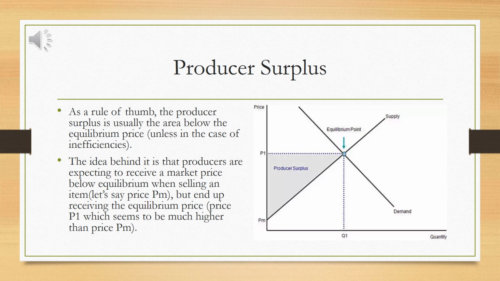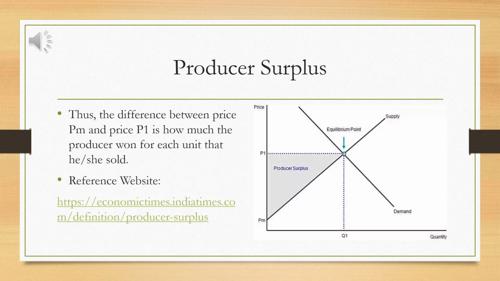Price P1 seems to be much higher than price PM. Thus, the difference between price PM, which is the market price, and price P1, which is the equilibrium price, and the price that the producer actually received, is how much the producer won for each unit that he or she sold. I found the graph aside from the following reference websites.